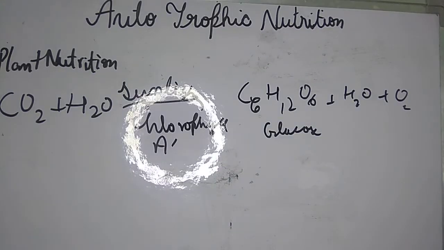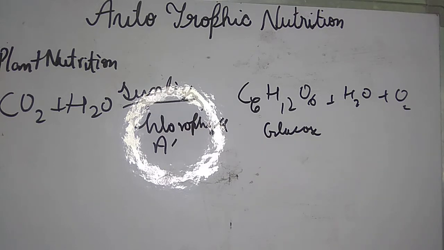So this is the equation for plant nutrition. Carbon dioxide and water combine in the presence of sunlight and chlorophyll, pigment A, and form glucose, water and oxygen.